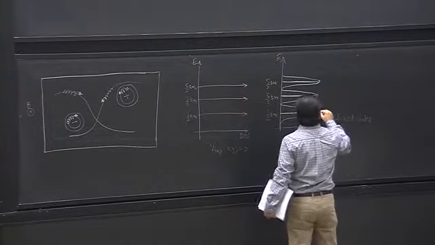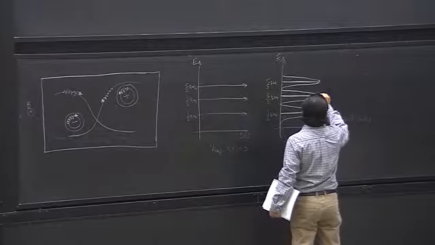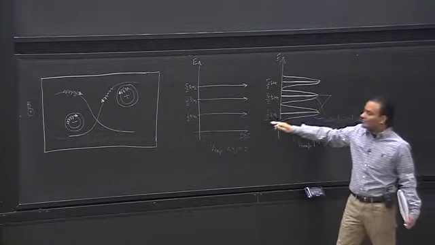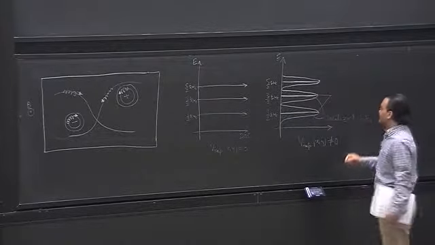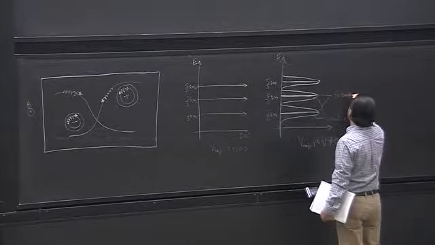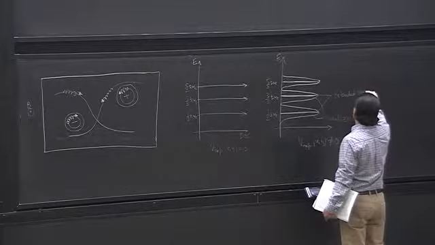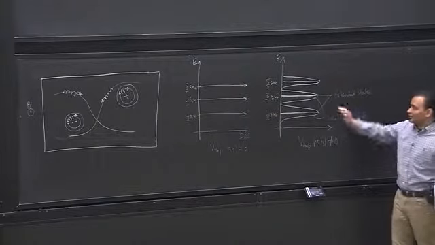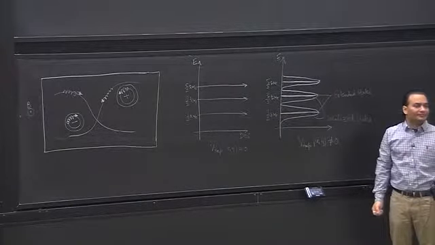And in the center, for the energy values that are very close to the energy values without any impurity potentials, you still get extended states. Any questions about this figure?